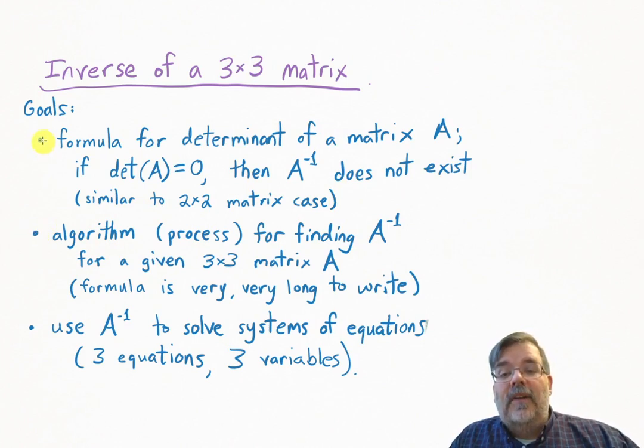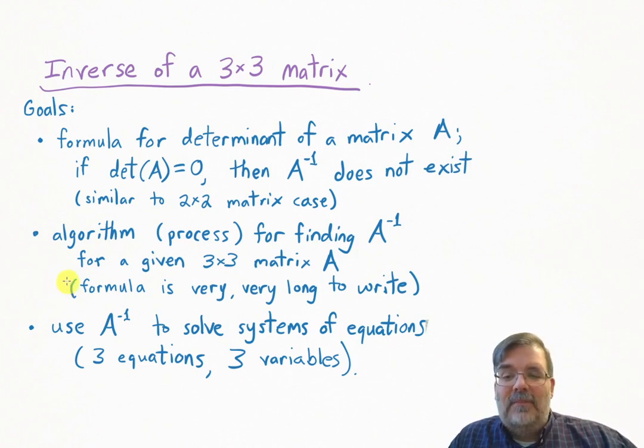Second, once we find that a matrix inverse does exist, we'll talk about an algorithm or a process, a sequence of steps for calculating the inverse of a matrix, specifically for a 3 by 3 matrix. In this case, I think it's a little bit easier to go through a process rather than trying to memorize a formula, because the formula takes a very long time to write down.